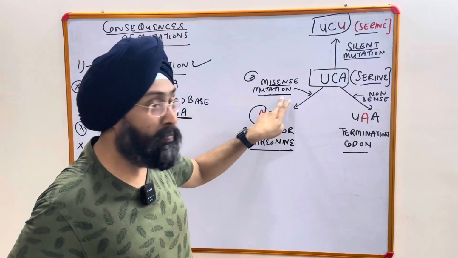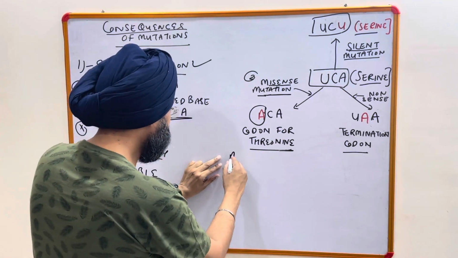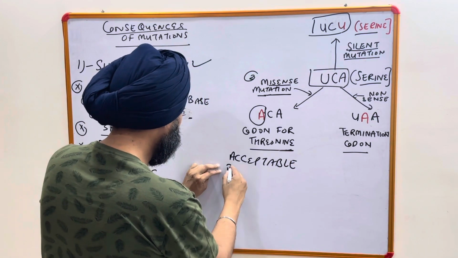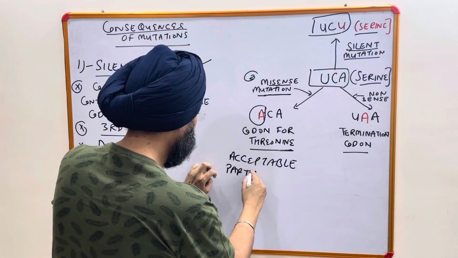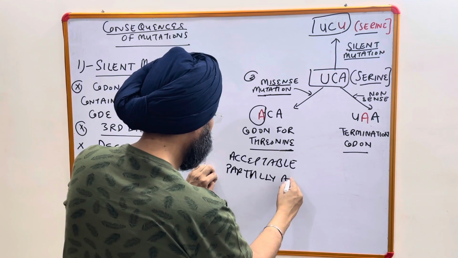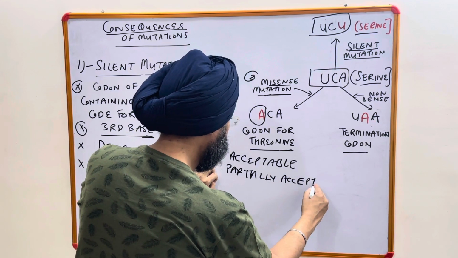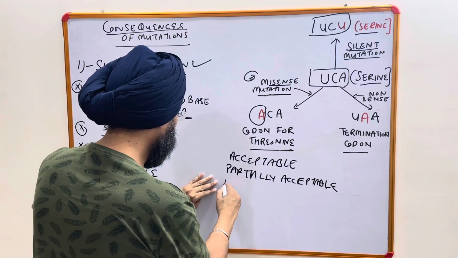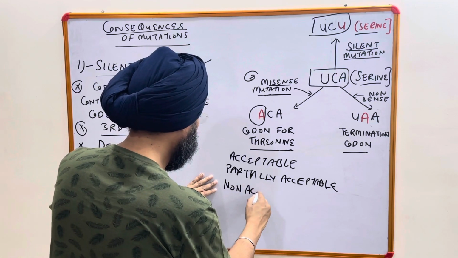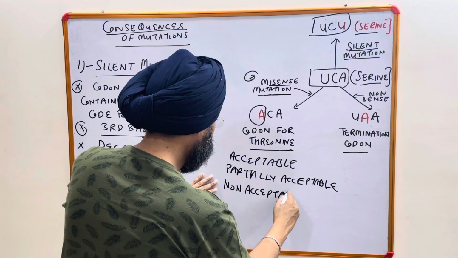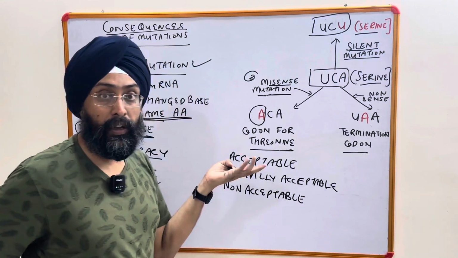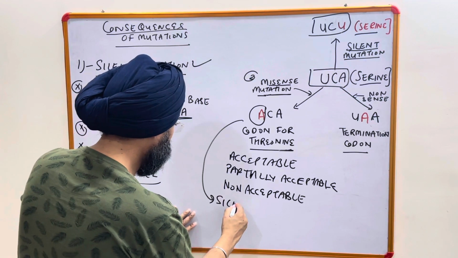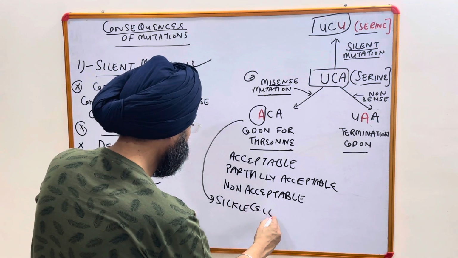So in this case of missense mutation, the problem can be acceptable or partially acceptable, or it can be totally non-acceptable, right? How can you give an example? The classical example is sickle cell anemia, right?